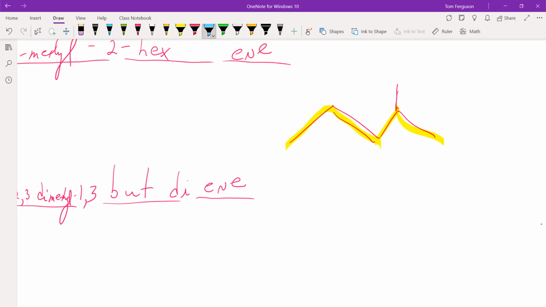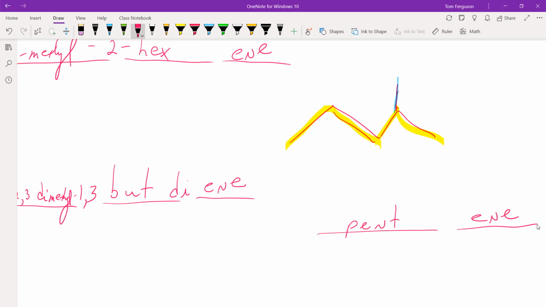And then we have a branch here. So we have 1, 2, 3, 4, 5. It's got a double bond, so it's pentene.